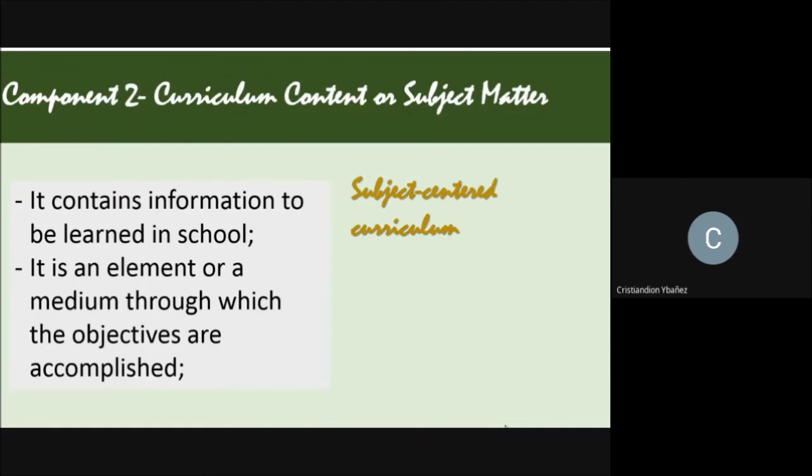May it be a subject-centered curriculum, which others would say is just a compendium of facts or concepts, or maybe it is a learner-centered curriculum which focuses on the knowledge of the individual's personal and social world and how he or she finds reality.